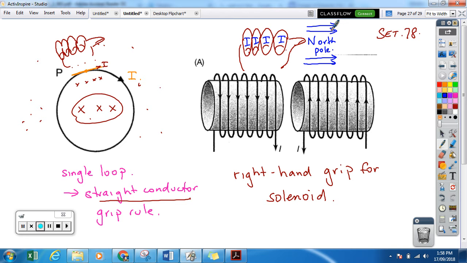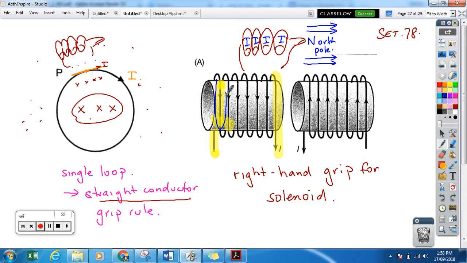So looking at this single solenoid here, the current is coming out here and going in here, so the direction of the current is down each way. So your fingers are in this orientation, coming down.